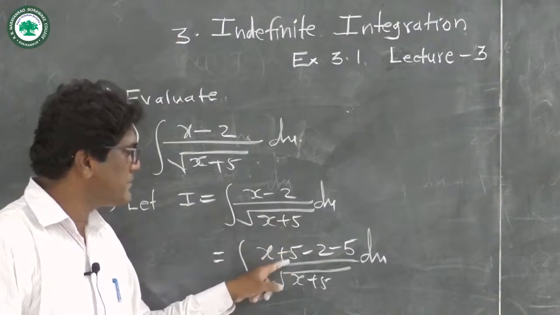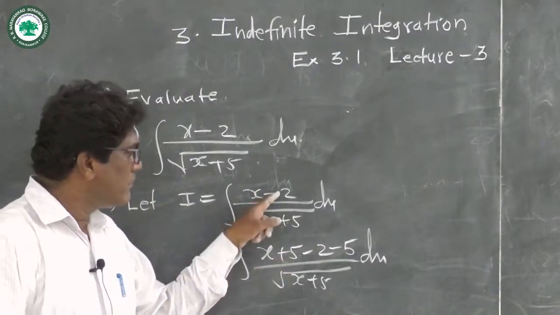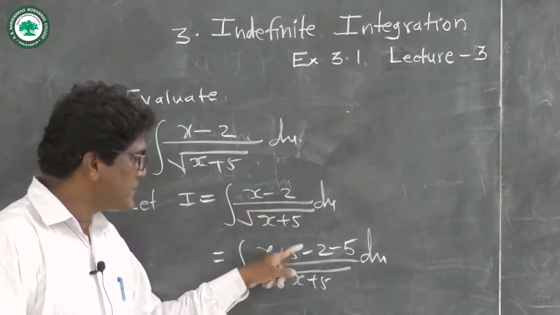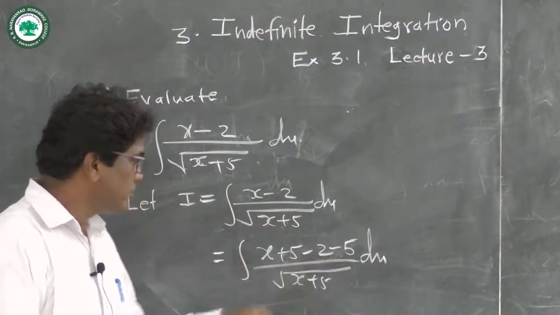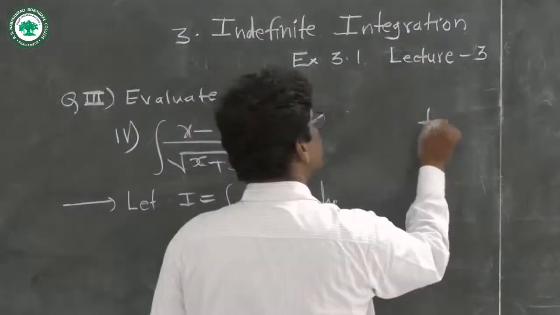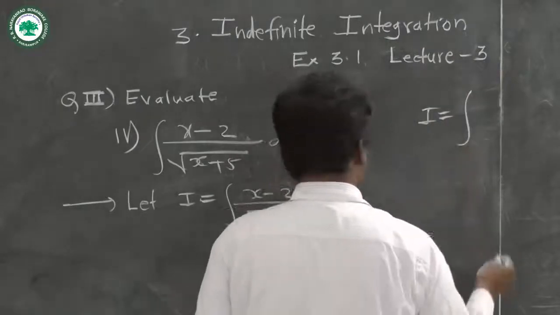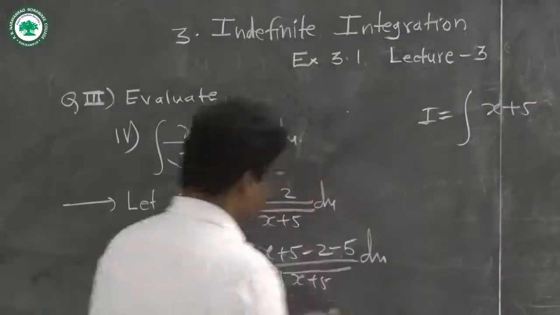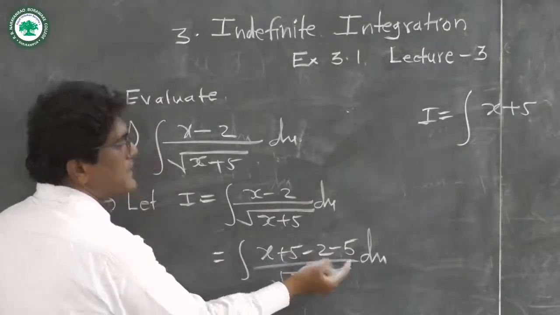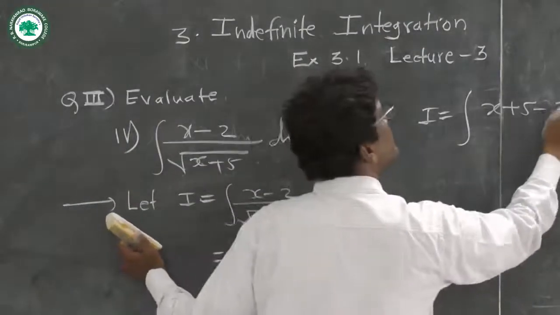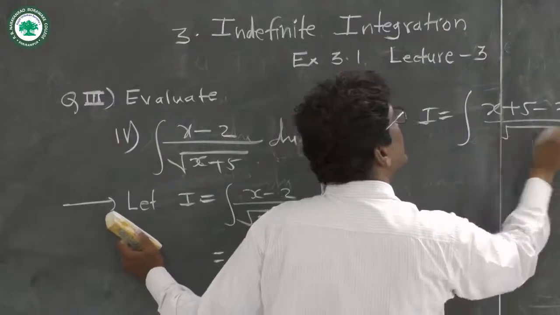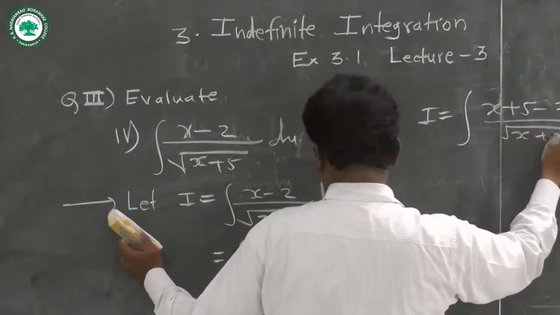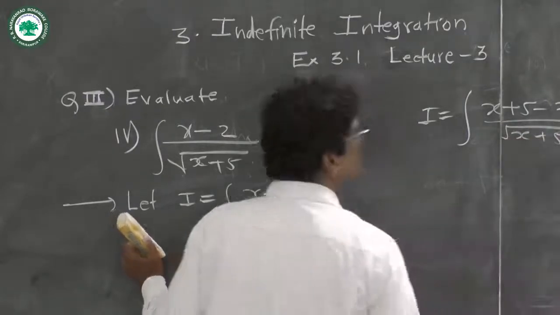So we take here plus 5 and our minus 2 as it is, and this plus 5 we cancel, minus 5. So we get here I is equal to the integration of x plus 5 and this minus 2, minus 5 becomes minus 7, divided by root of x plus 5 dx.